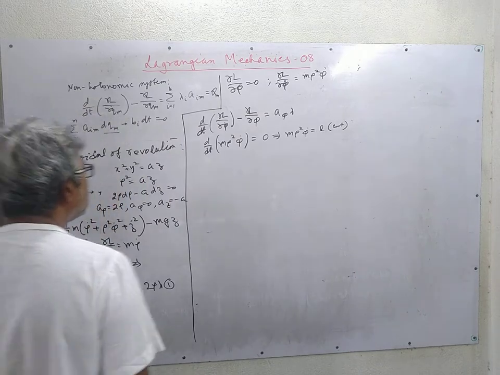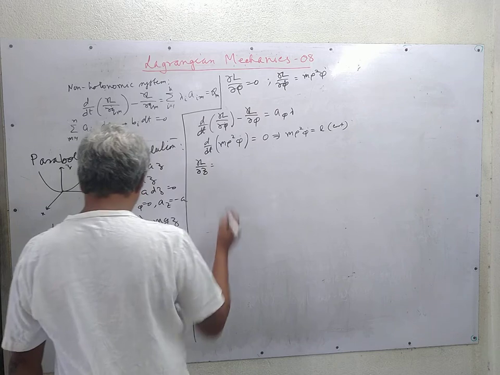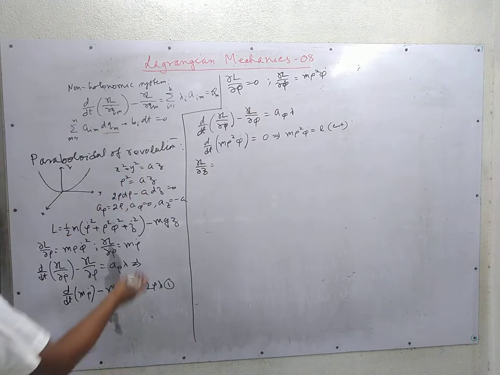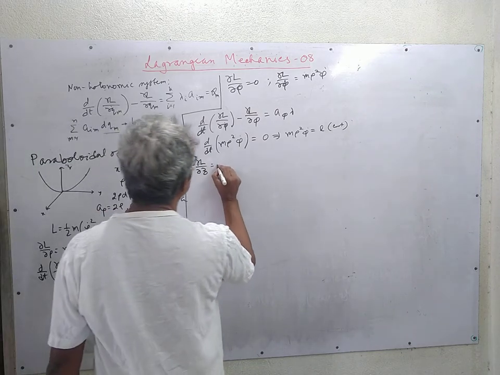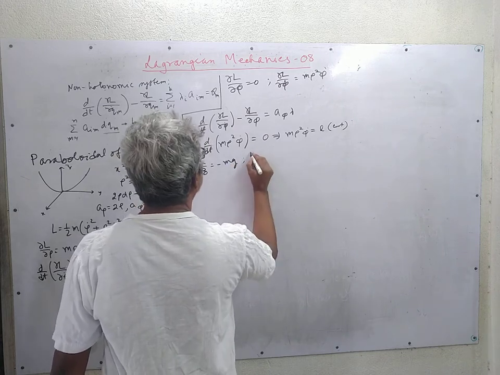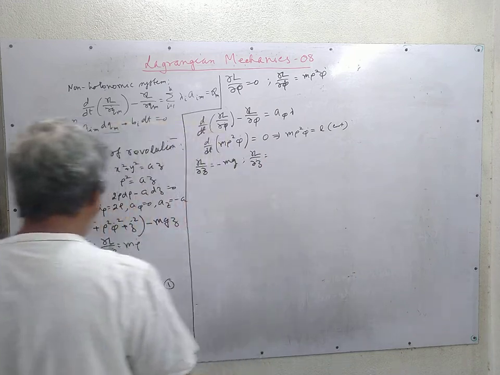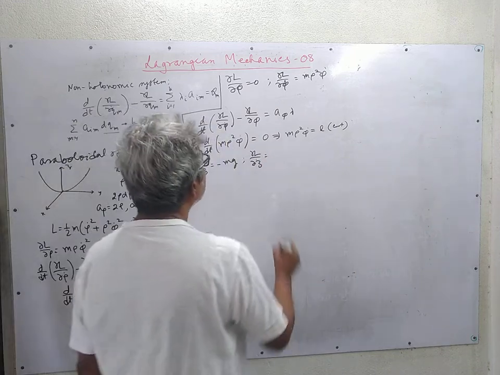And del L by del z is minus mg, and del L by del z dot is equal to m z dot.